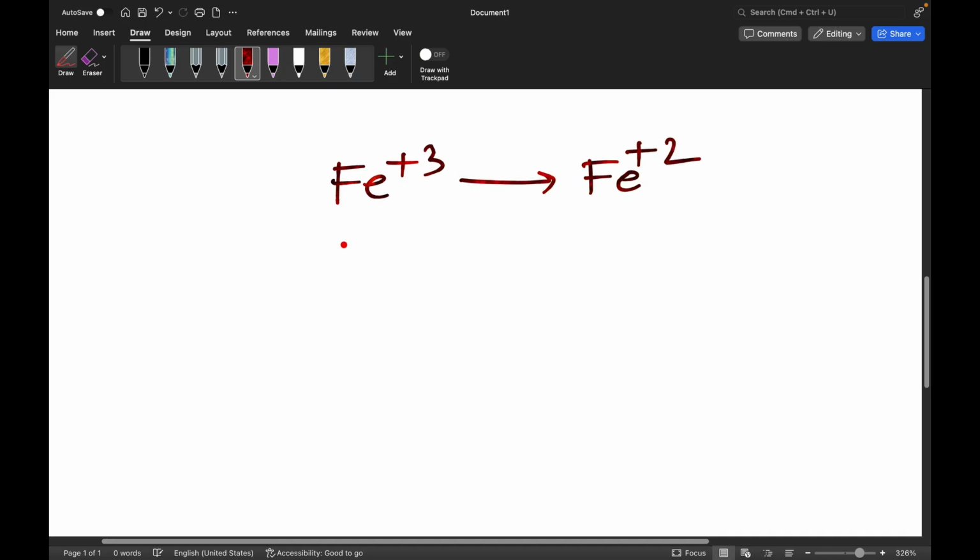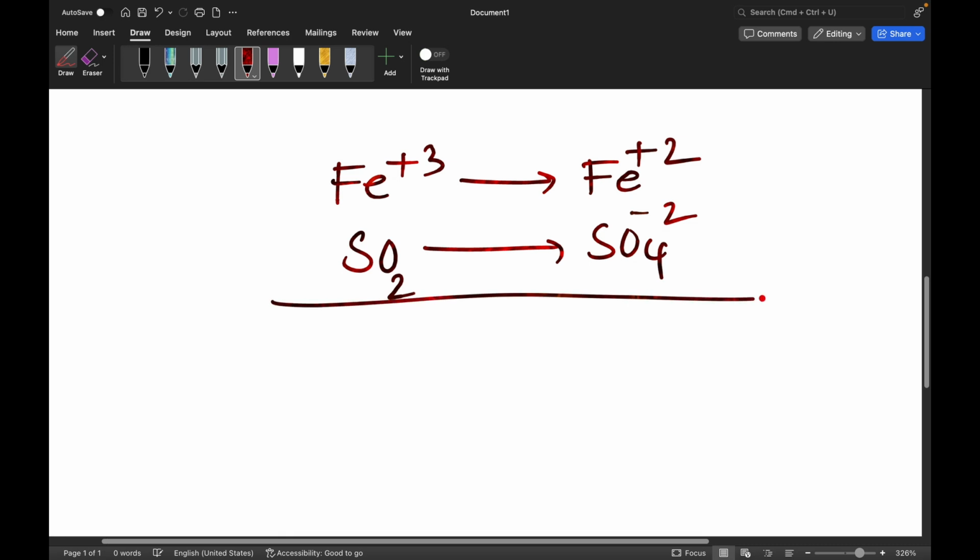This is the first reaction, where SO2 is oxidized to SO4 minus 2. You can write these two reactions by adding them.